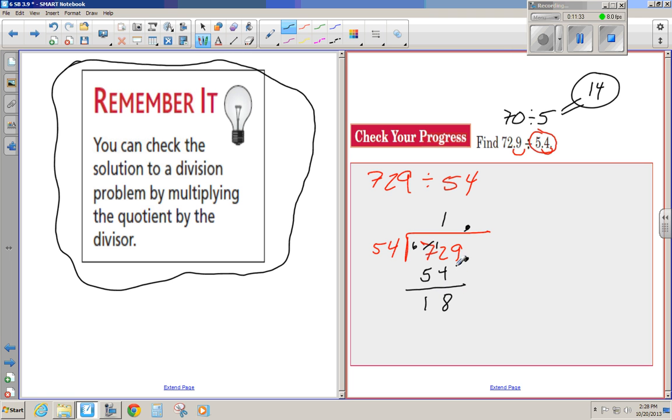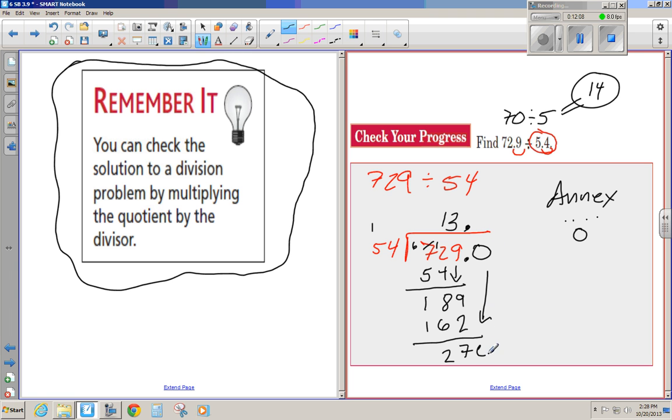18. Drop down the 9. I'm going to say 3 times. 3 times 4 is 12. Carry the 1. 3 times 5 is 15, and one more is 16. 9 minus 2, 8 minus 6. All right, we're not done yet, so we need to annex a 0.